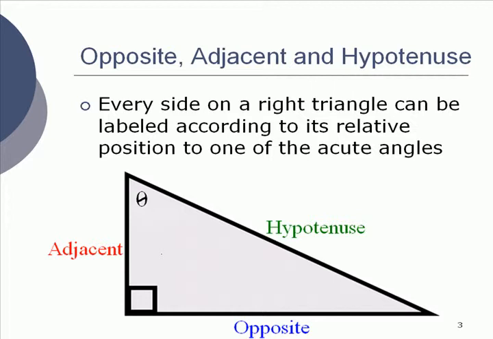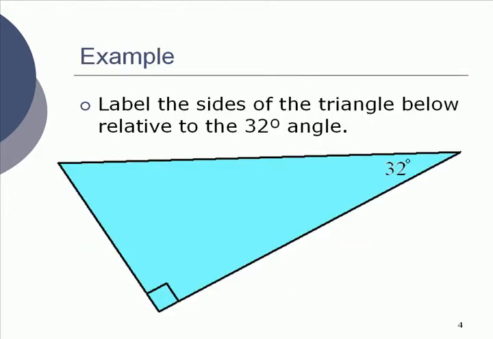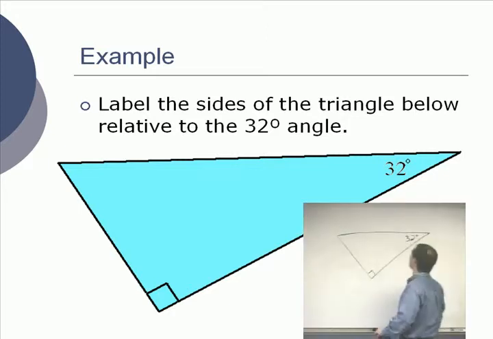So before we go on and solve any triangles, let's just take a minute and label these sides. In relation to that 32-degree angle, let's label our opposite, adjacent, and hypotenuse. Okay, 32 degrees.